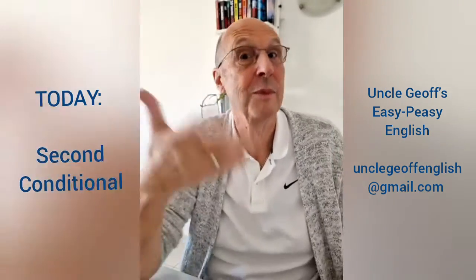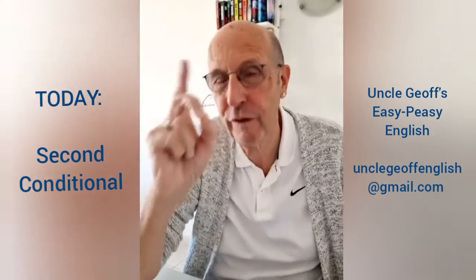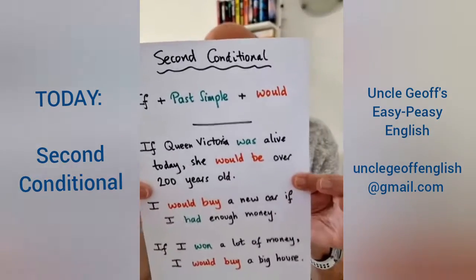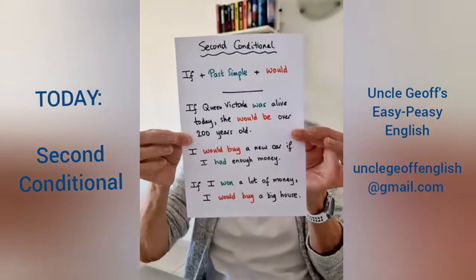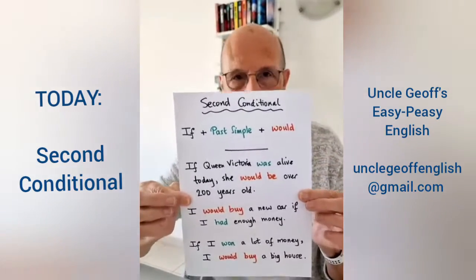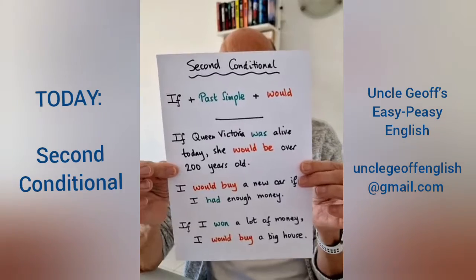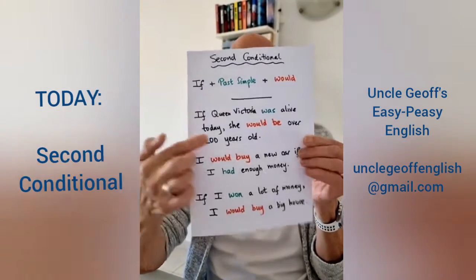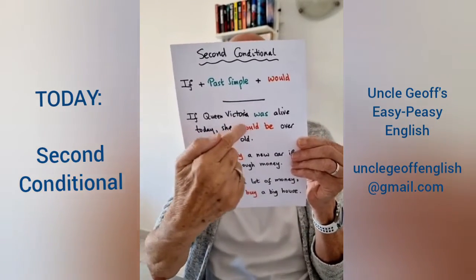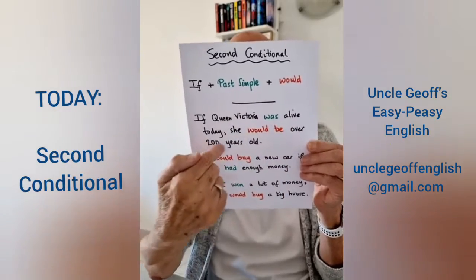No, she isn't. But if she was alive today, she would be over 200 years old. That would be a lot of wrinkles. So if Queen Victoria was alive today, she would be over 200 years old.